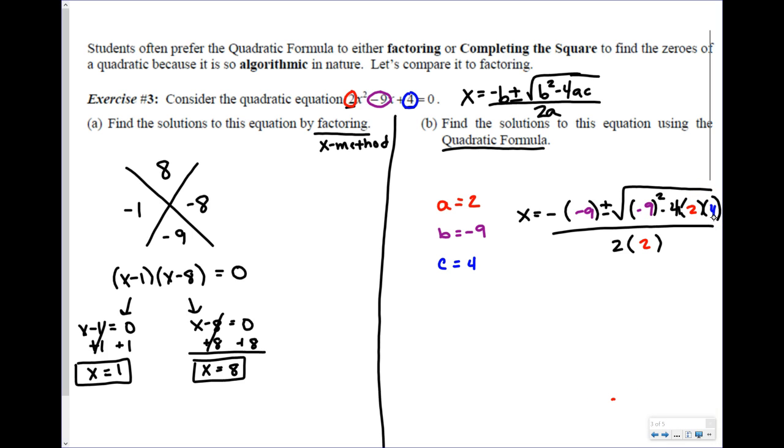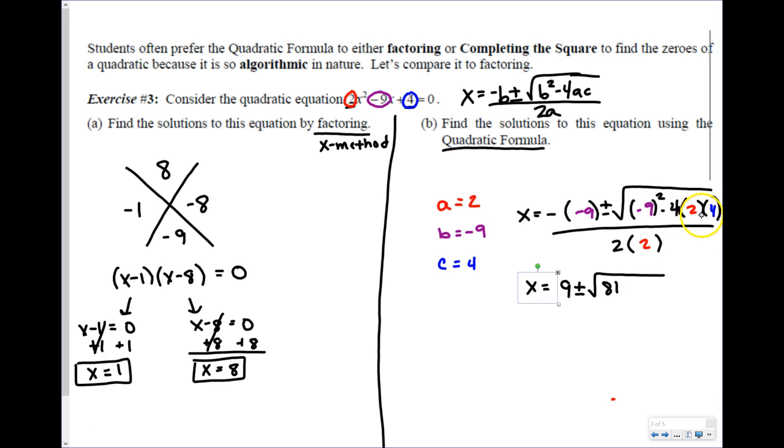Okay, now I have to simplify. I get x equals, be really careful here, this is a negative and a negative, and two negatives give you a positive. So this becomes positive 9 plus or minus the square root. This is negative 9 squared, which gives you 81. And then 4 times 2 times 4 is 32.